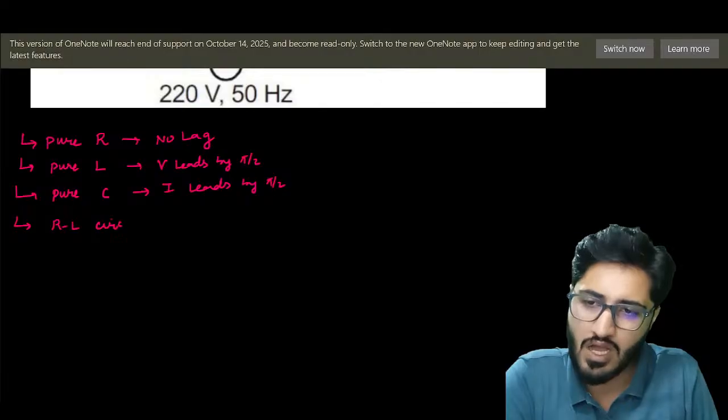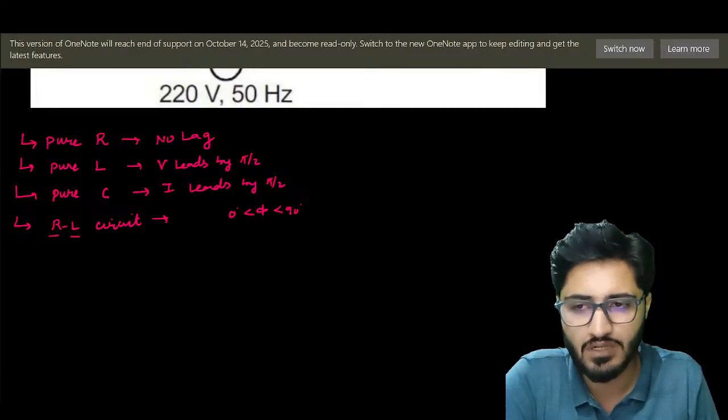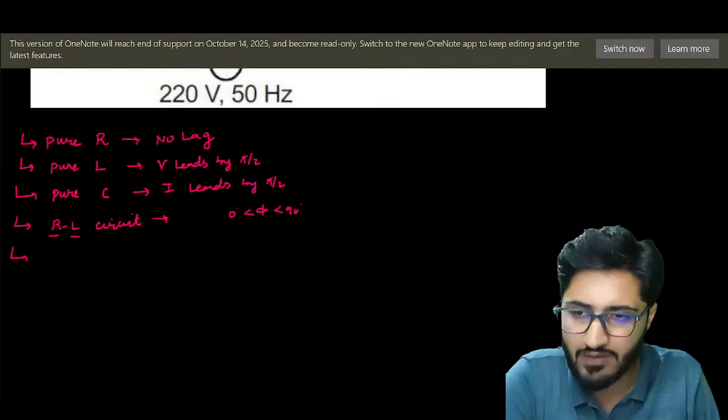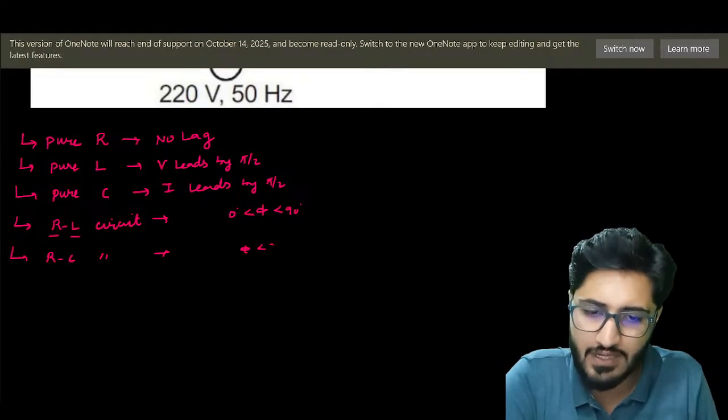If you are dealing with RL circuit, there is no component of R and L separately. These are mixed. So my angle will be less than 90 degree and more than 0 degree. Then in RC circuit, same, phi is less than 90 degree and more than 0 degree.